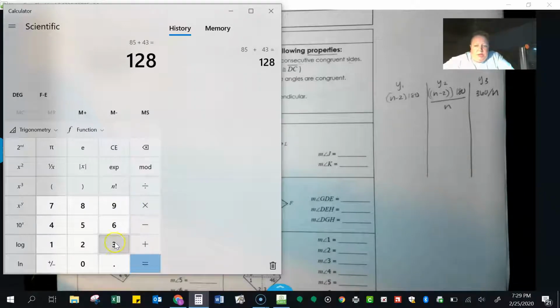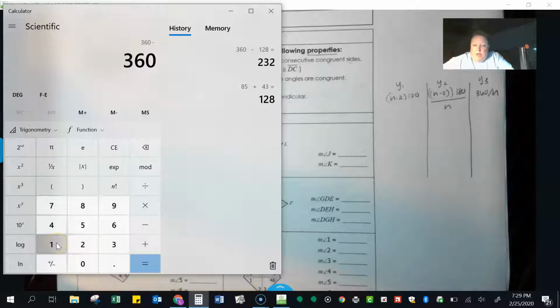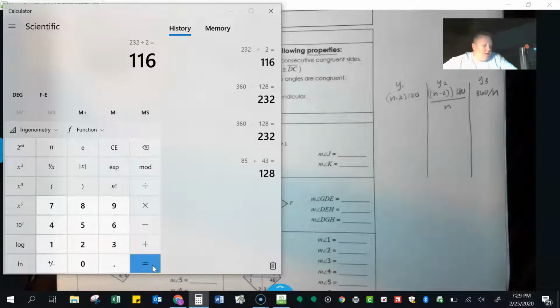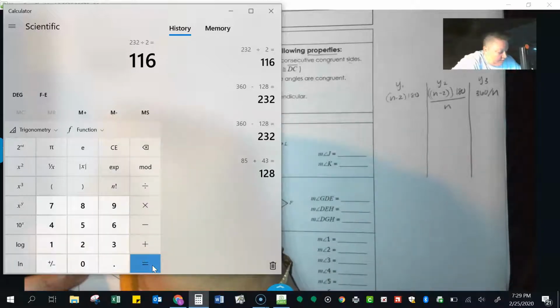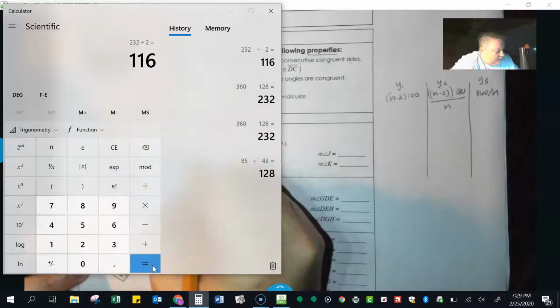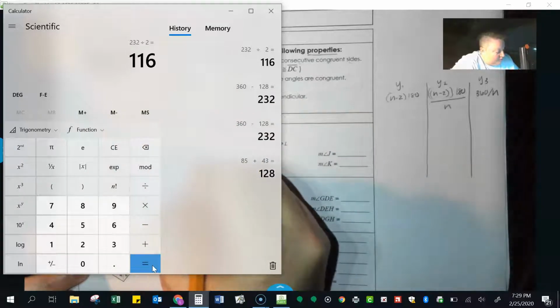That's 128. When I do 360 minus 128, I get not 232. Something's definitely wrong there. Oh, maybe it's right. 360 minus 128, and then I'm going to divide that in half. Okay, and each one of these angles is 116 degrees.